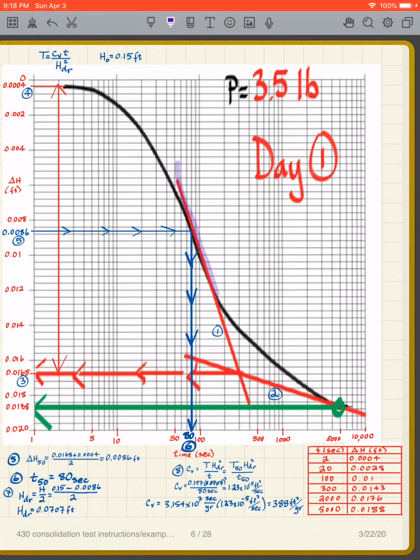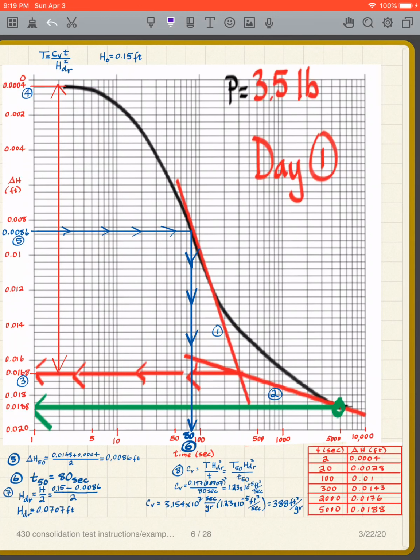Step 1 here is the tangent line in the middle of the Z. Step 2 is the tangent line at the end of the Z. I get the intersection point. I read off that. That's step 3. I get the value at 2 seconds. That's step 4.